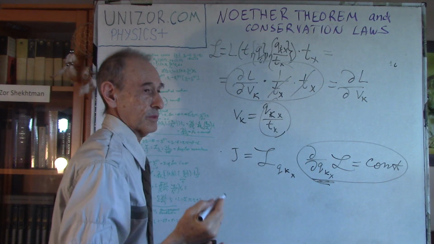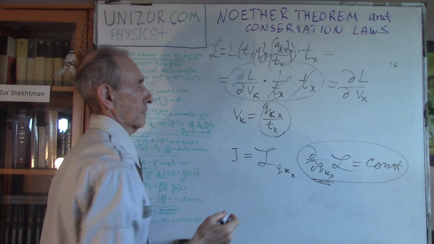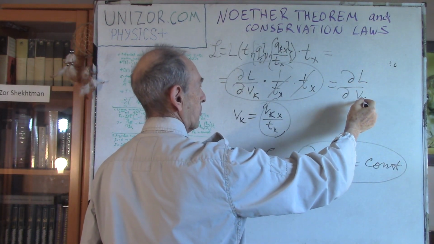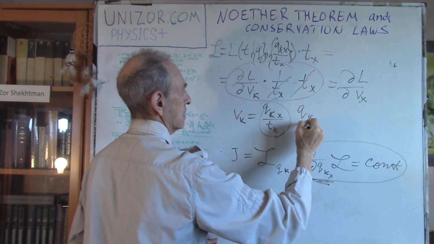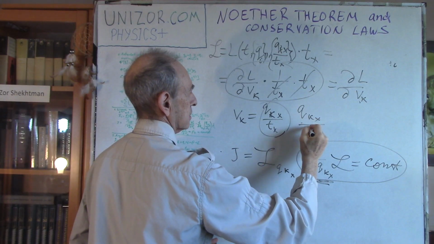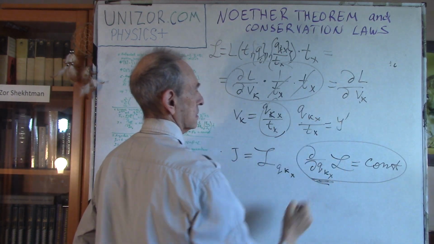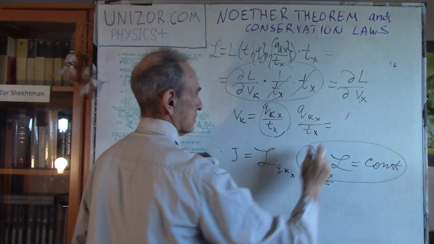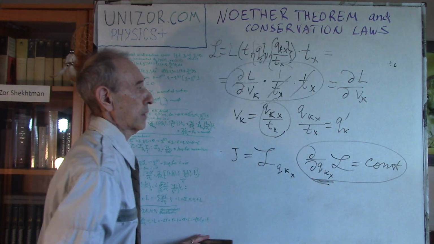Now this is something familiar. What is this? The derivative of the Lagrangian by speed. Actually, what is Qkx divided by Tx? This is, I would say, the derivative of the space coordinate Qk by time.